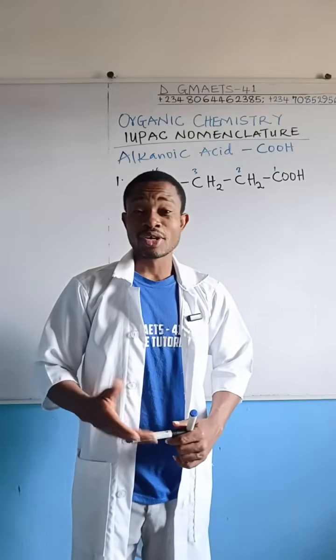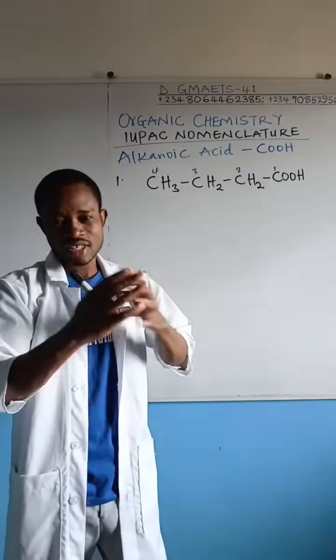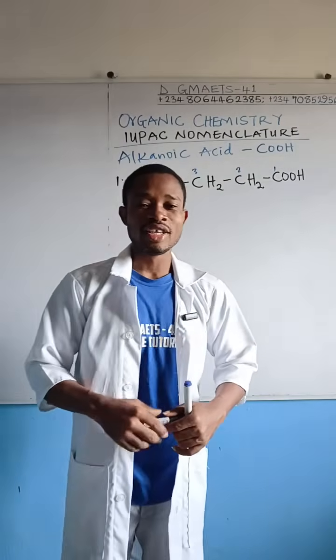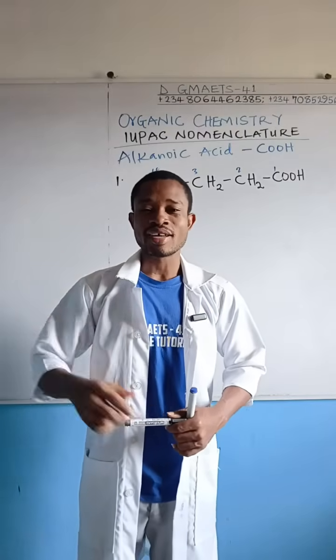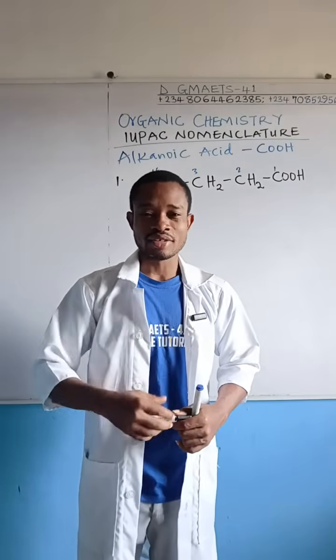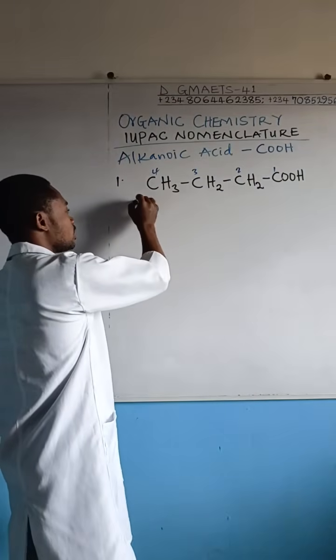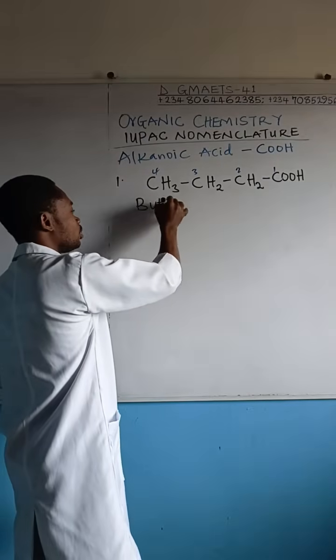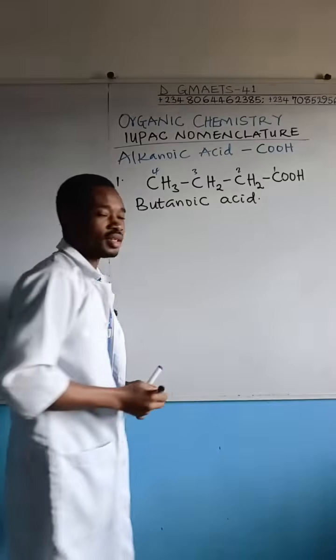I'm saying this because we'll definitely meet a structure where you have a double bond within the carbon skeleton. You won't call it anoic acid anymore; in that case, it will be enoic acid, to respect that double bond. So for this simple structure, the name is butanoic acid.